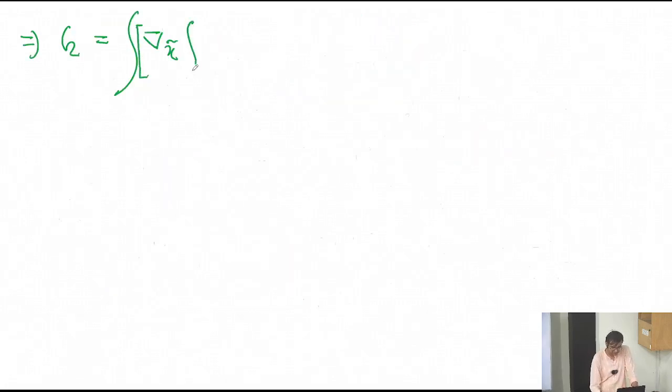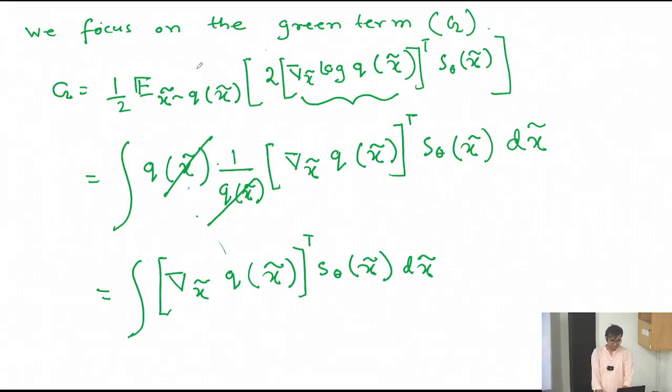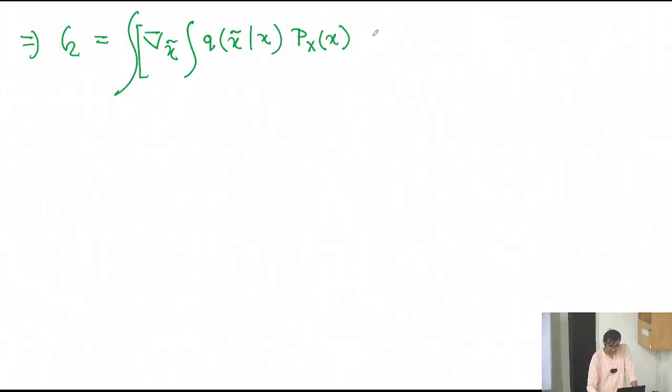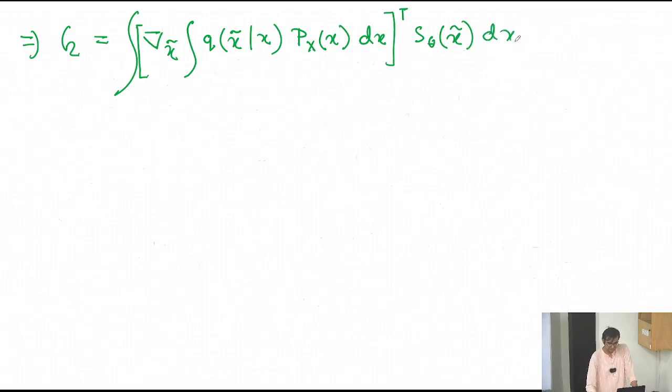And then there is another integration coming into the picture, q of x tilde given x multiplied by p x of x dx, transpose s theta x tilde dx tilde, right?